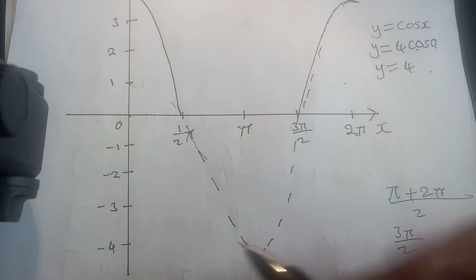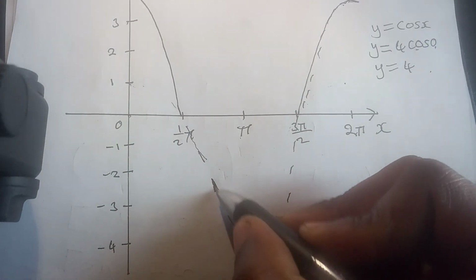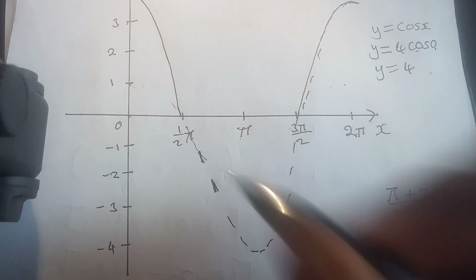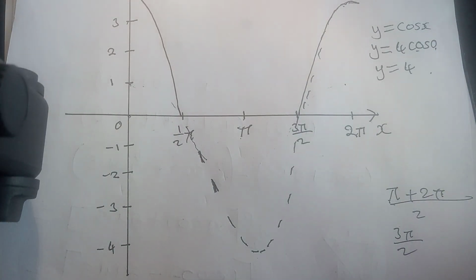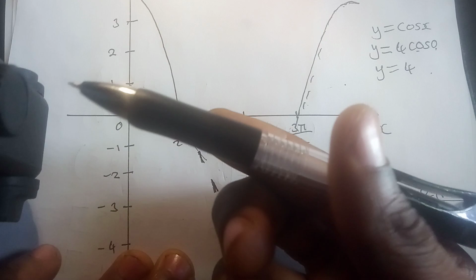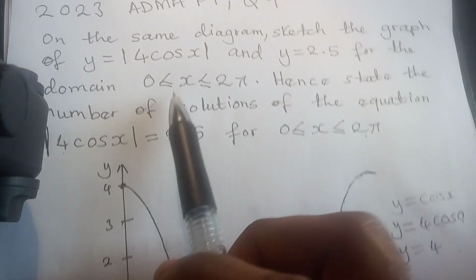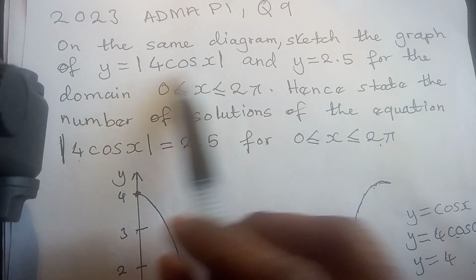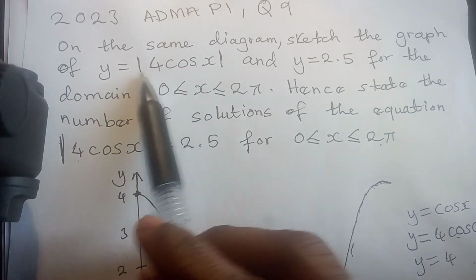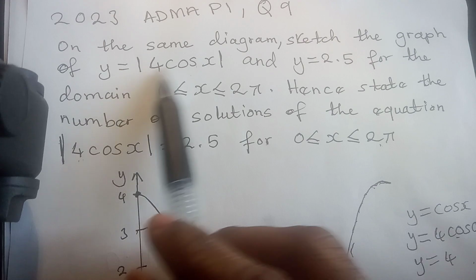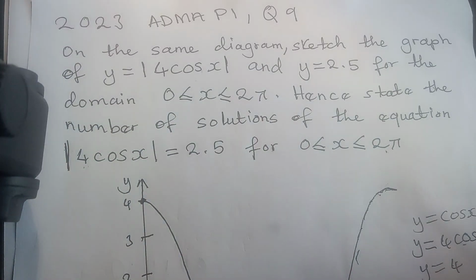Make sure you are using a pencil. I used a pencil when I was trying it out, but it was not very clear, so I decided to use my special pen. Yeah, so when you look at this, y cannot be negative. So everything that is negative cannot appear on your drawing.